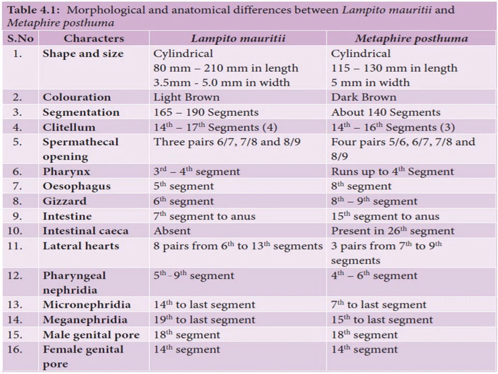Then the pharynx is present in the 3rd and 4th segments, and in Metaphire it runs up to the 4th segment. The esophagus is present in the 5th segment, and in Metaphire in the 8th segment.